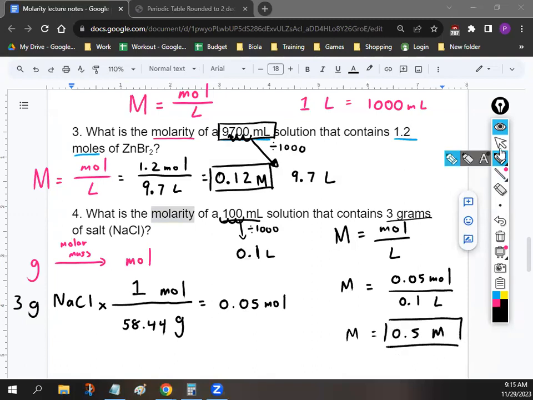This is basically telling us that if you dissolve 3 grams of salt inside a 100 ml solution, the molarity is going to be 0.5. So that's the strength, the concentration of that mixture.